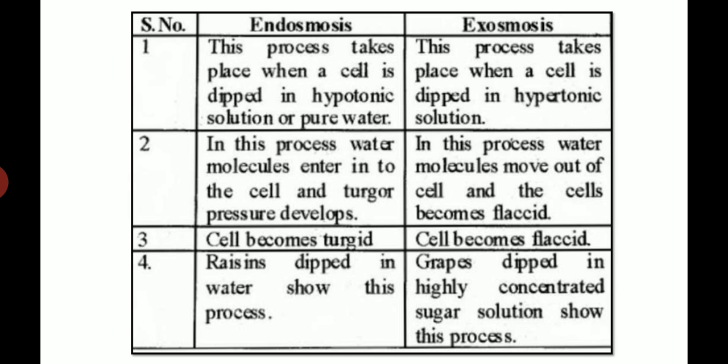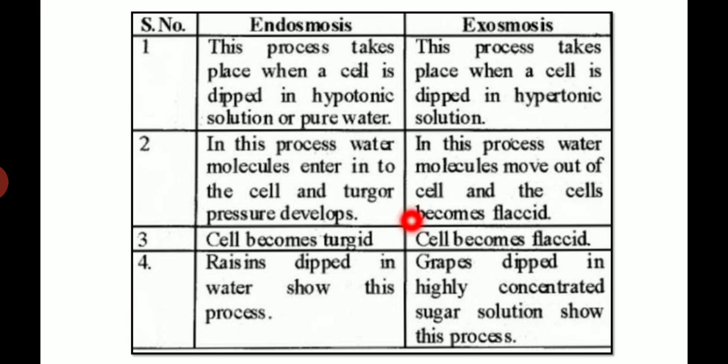For now, just remember that endosmosis will occur when we keep a cell in pure water, and exosmosis will occur when we keep the cell in a highly concentrated solution. In endosmosis the water molecules enter inside the cell, and in exosmosis the water molecules move outside the cell.